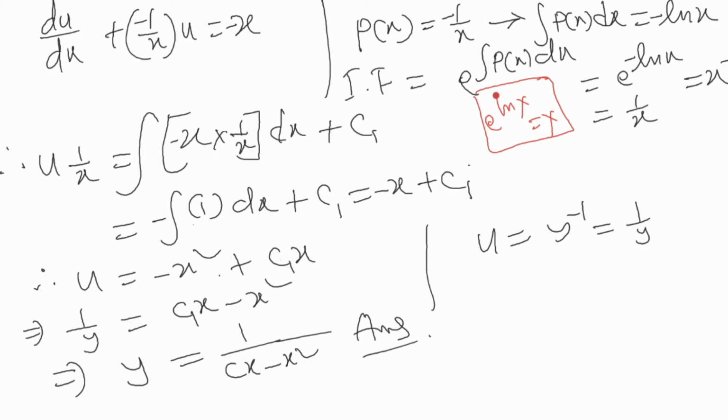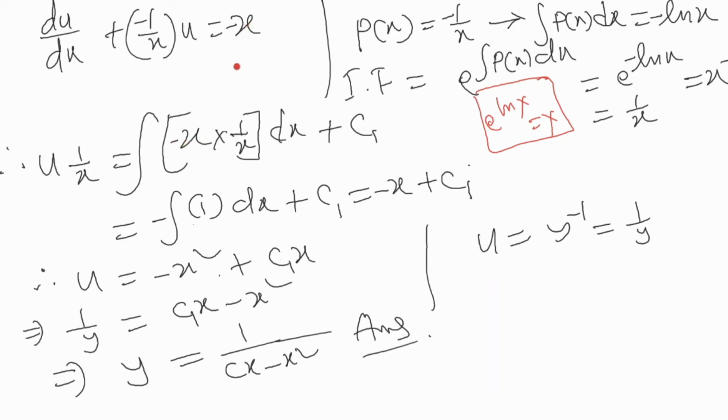Here we use this formula e^(ln x) is equal to x to convert e^(-ln x) to x^(-1). Now the general solution for this equation can be written as u times 1/x. Here u is the dependent variable, 1/x is the integrating factor, equals the integration of the function of x.